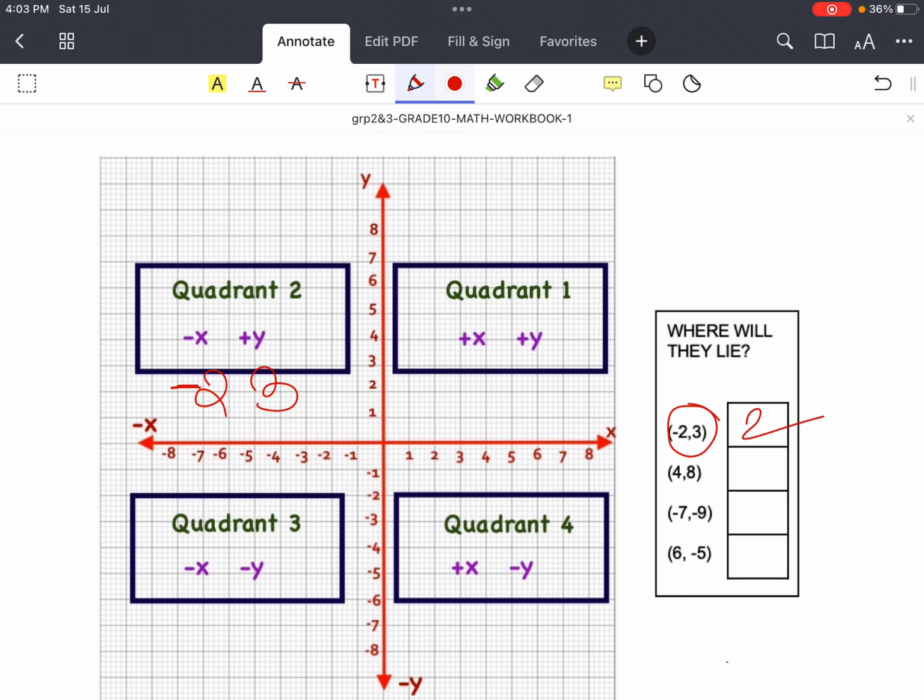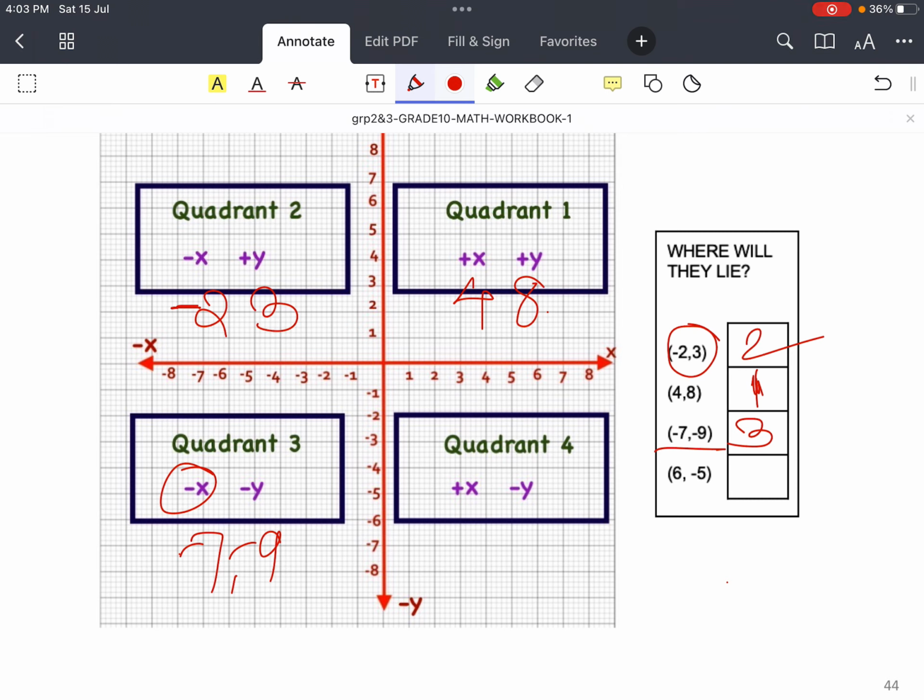Next example 4, 8, positive 4 and positive 8, so definitely this is in a first quadrant. Next -7, -9, obviously this is in a third quadrant.